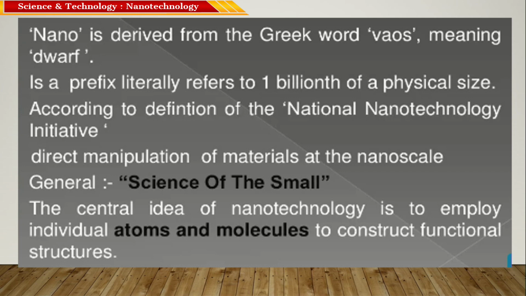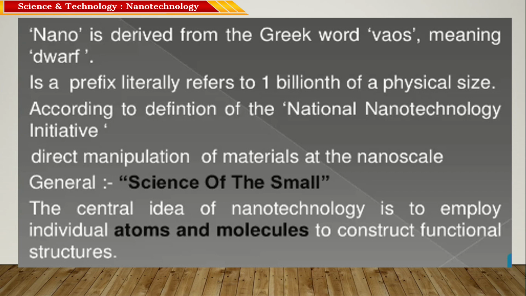According to the definition of the National Nanotechnology Initiative, it is the direct manipulation of materials at the nano scale. Here, 10 is called deci, 10 squared is called deca, 10 cubed is called kilo. Clear?